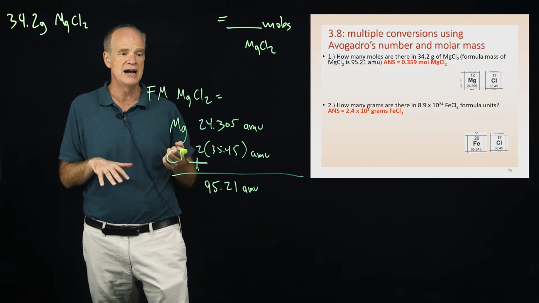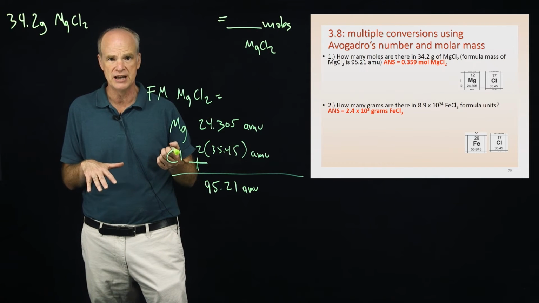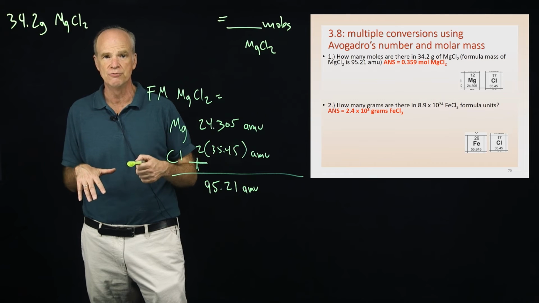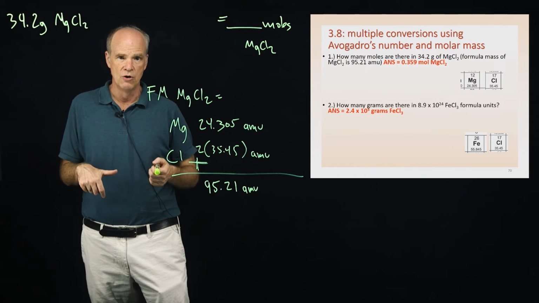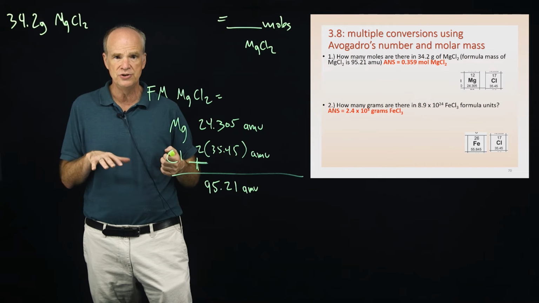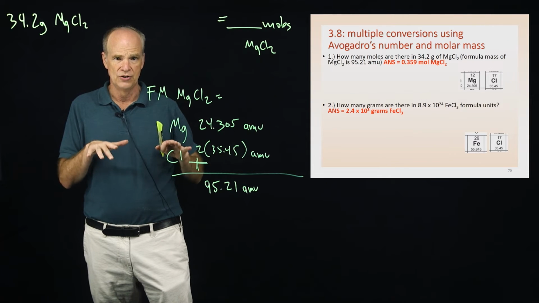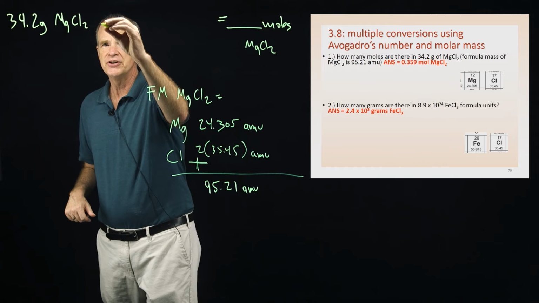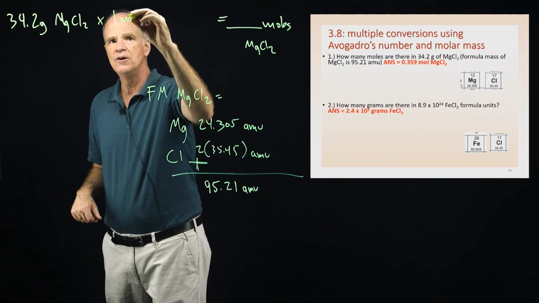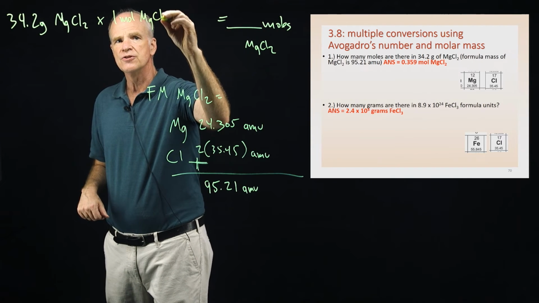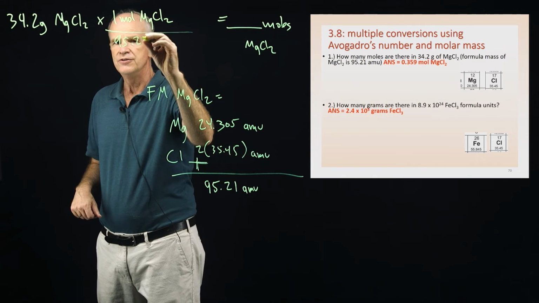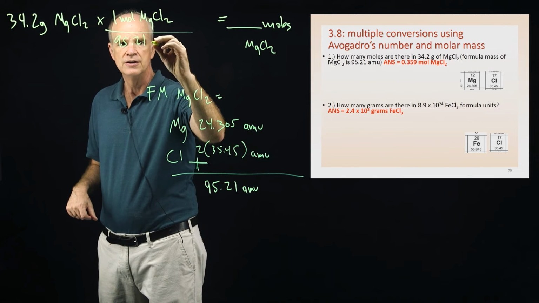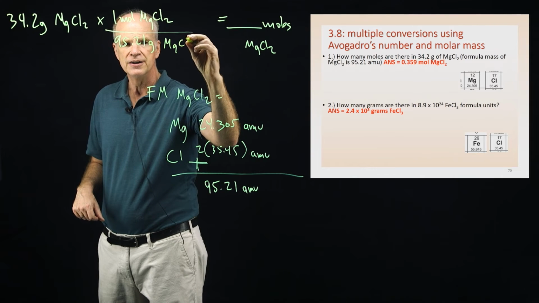If the formula mass of magnesium chloride is 95.21 AMU, that means there are going to be 95.21 grams of magnesium chloride in 1 mole of magnesium chloride. So we can use that molar mass to solve the problem. It's going to be times 1 mole magnesium chloride over 95.21 grams of magnesium chloride.